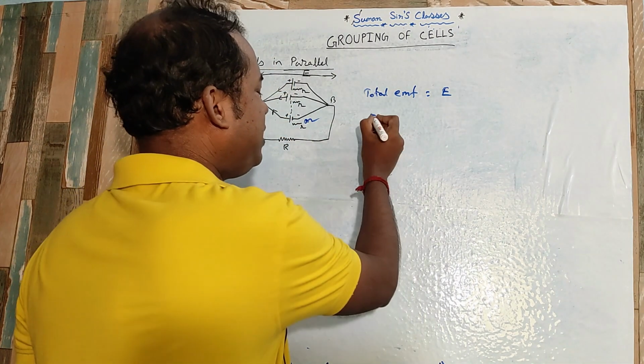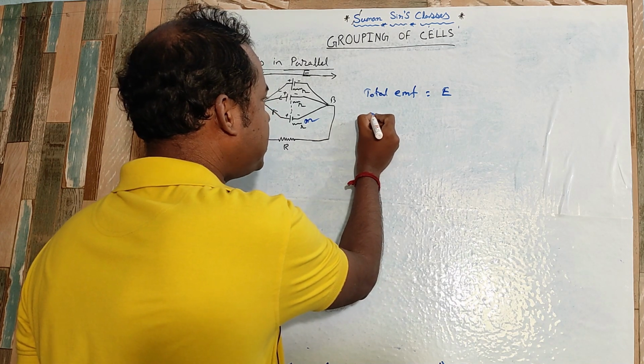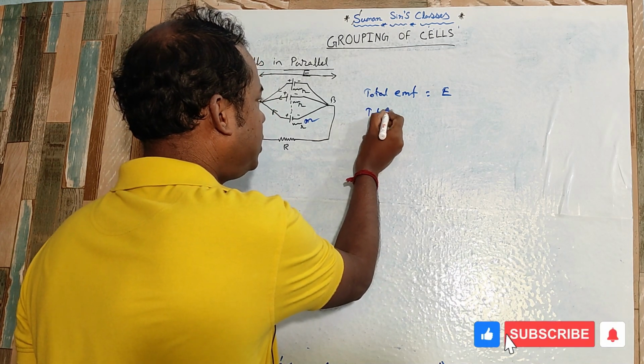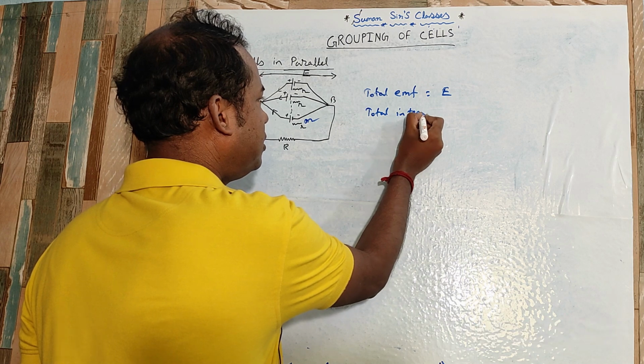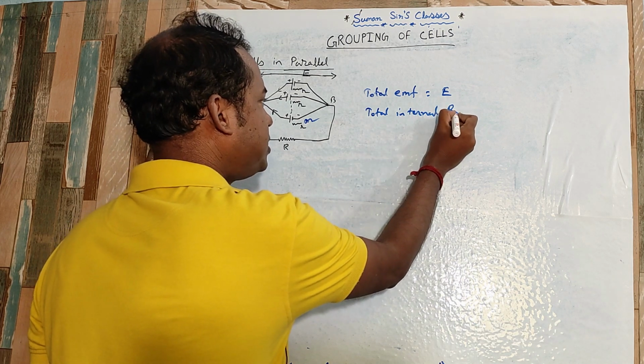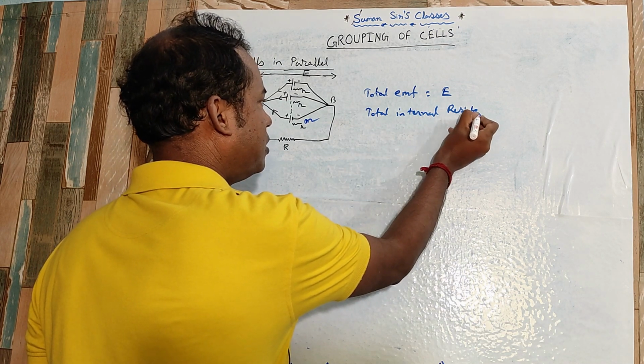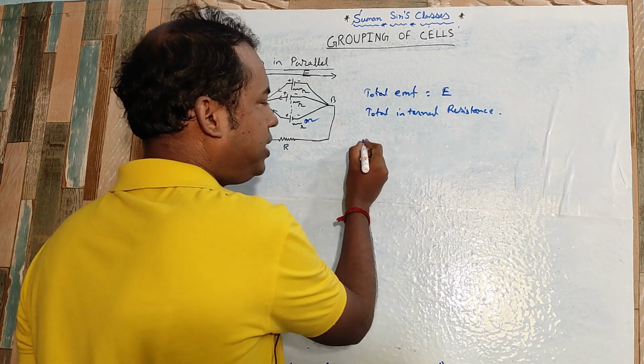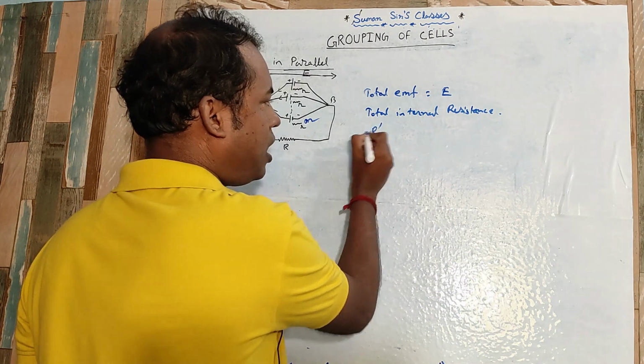Now here all the cells are connected in parallel. So if I find the total internal resistance, consider this one as r dash.